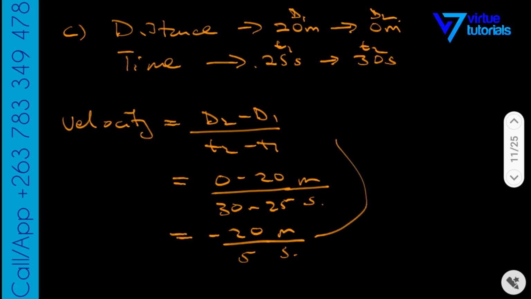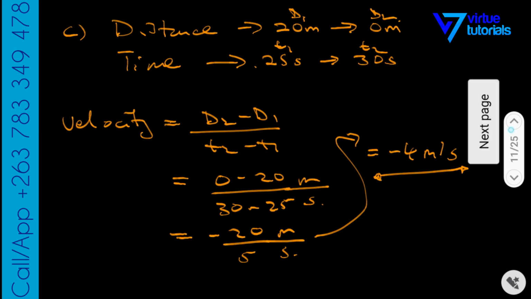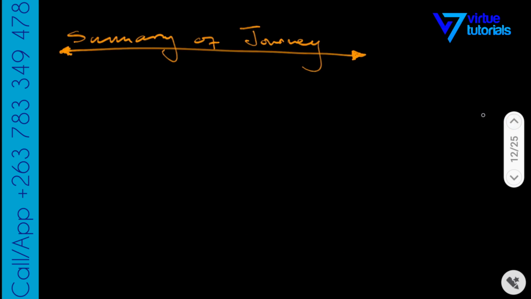Minus 20 divided by 5 gives us minus 4 meters per second. So our velocity is minus 4 meters per second. Now you have a negative here. The negative sign shows that the object is now moving in the opposite direction from the original direction it was moving.